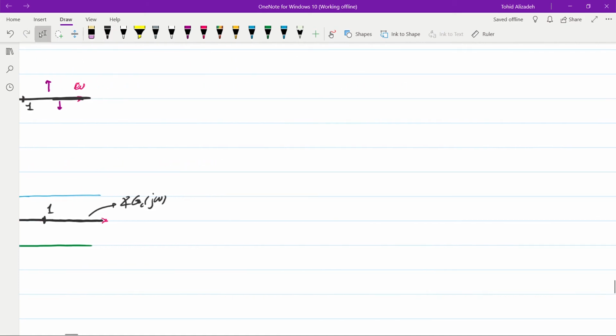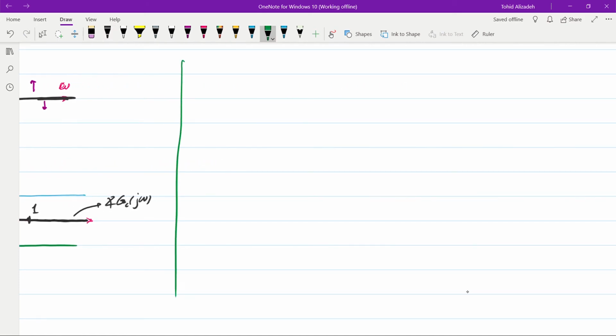Now the next controller that we are going to discuss is the lag compensator. For the lag compensator, you know that it will be used in order to increase the gain at very low frequencies and not touch the transient behavior. And this is similar to what we were doing in the root locus controller design approach.